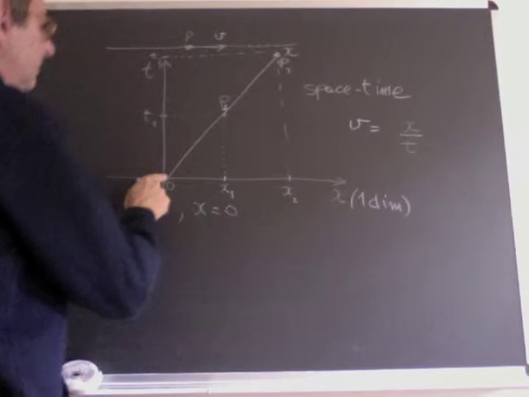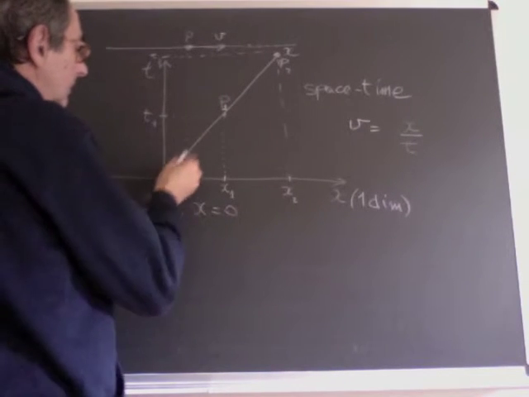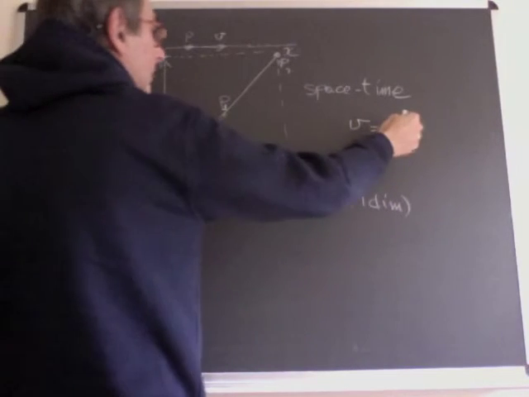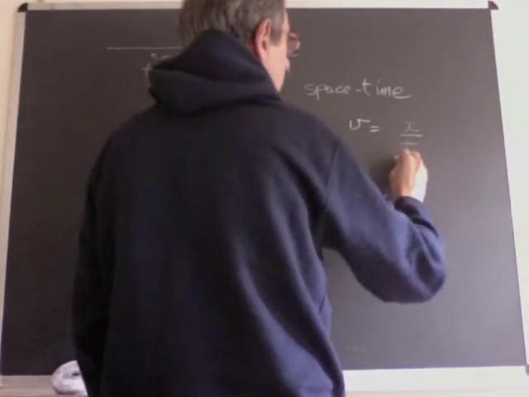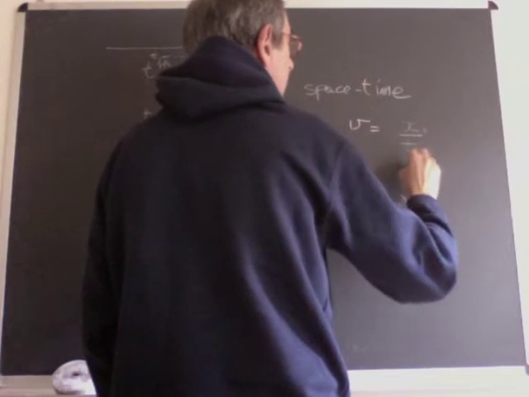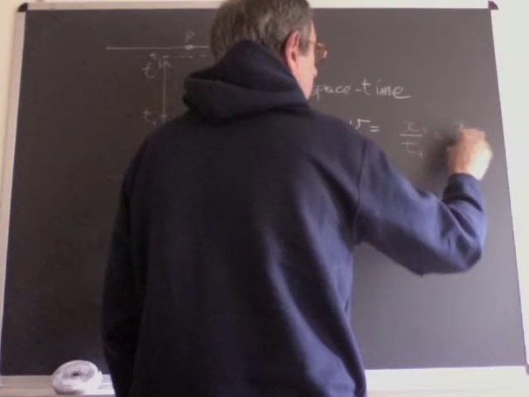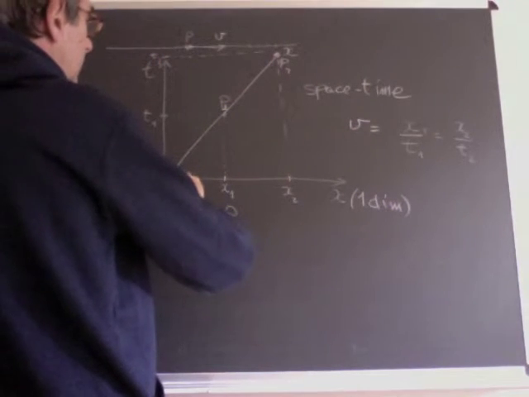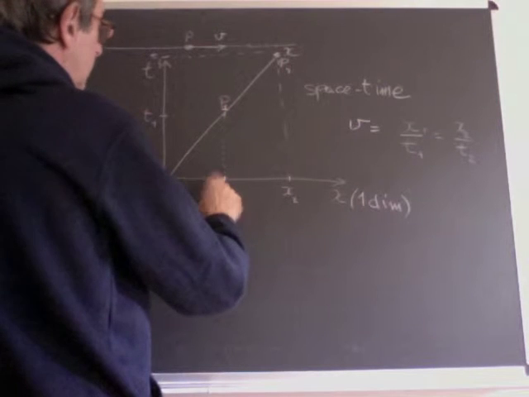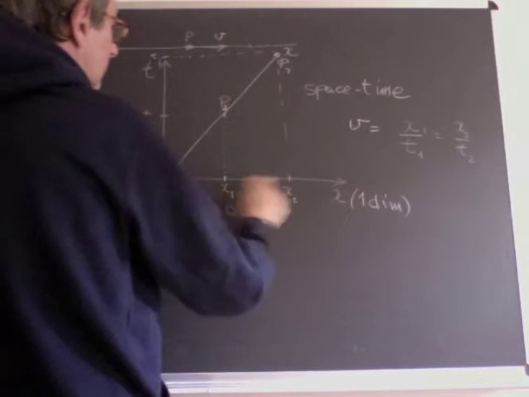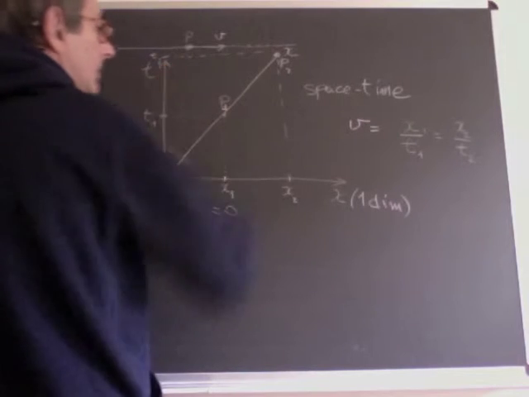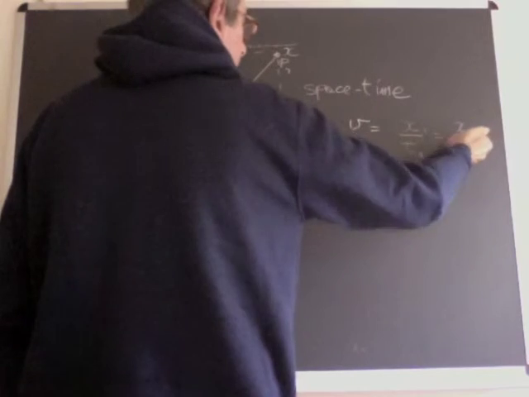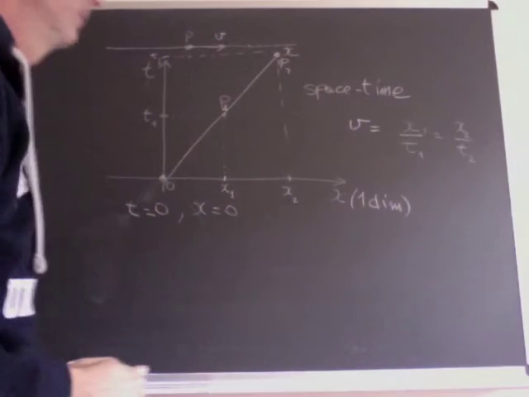So in this case, in particular, we see that the ratio between, for instance, x1 and t1, or x2 over t2, will be always the same, because x1 divided by t1 is equal to x2 divided by t2, and so on. And this is the definition of speed of the body, of the point.